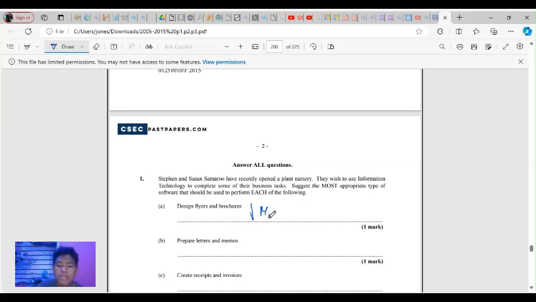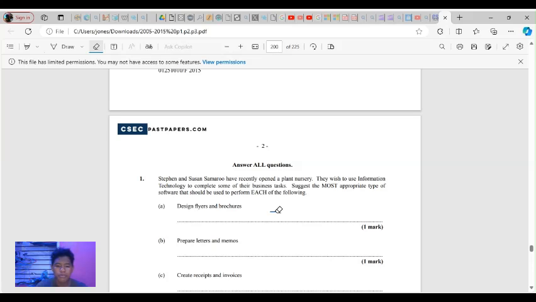Let me see, this might take a little while. Anyway, I'll correct them all later. So for this answer, we have Microsoft Publisher. Within this scenario, Microsoft Publisher is the answer for this one here.